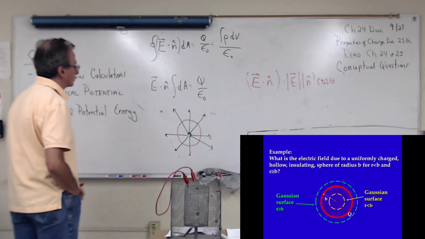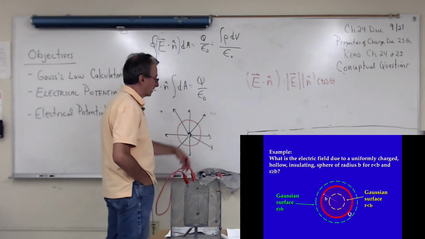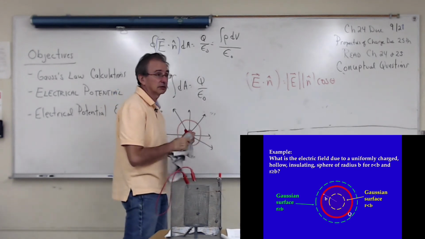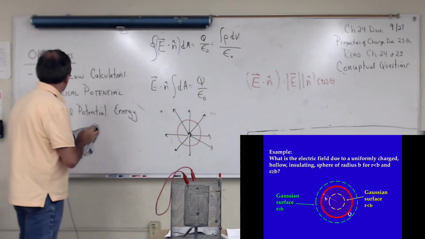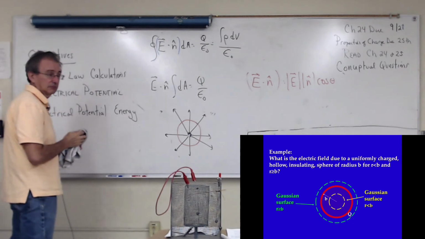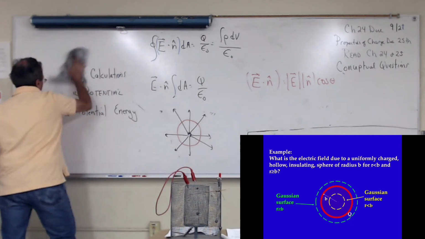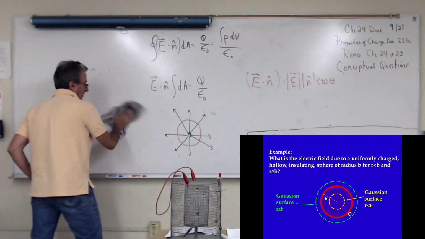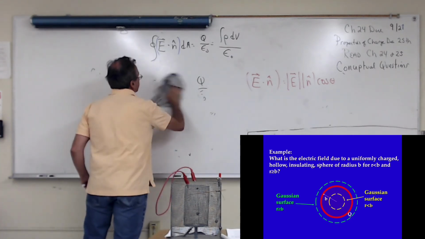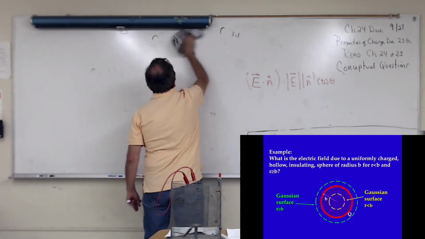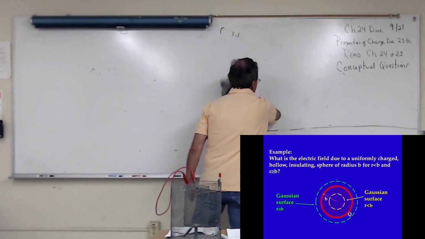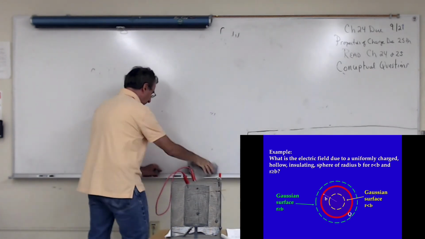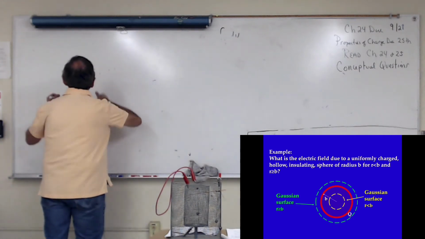So now we're going to do some examples where I just calculate the electric field. And I have several of them. Chapter 24 is pretty much all about this equation.